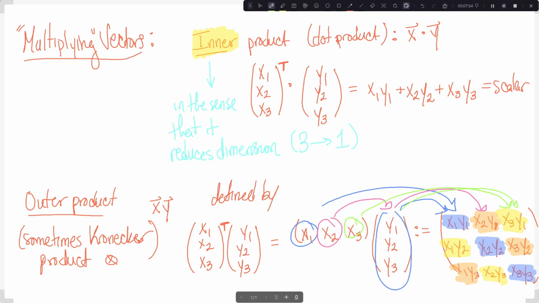And so that's how we can think about the outer product of vectors. So with the outer product, since we increase dimension, and I'll put dimension in quotes, we actually gain a matrix out of the multiplication of two vectors.